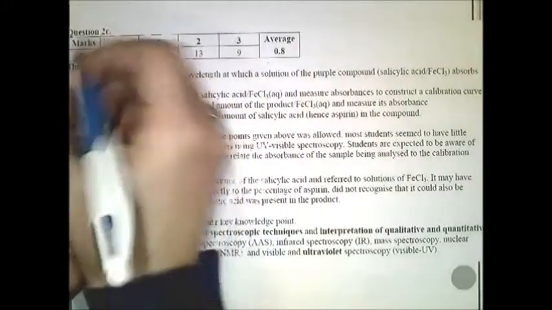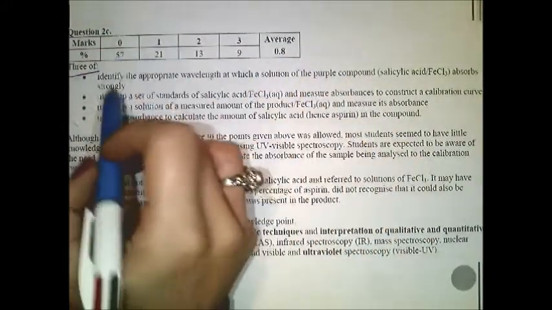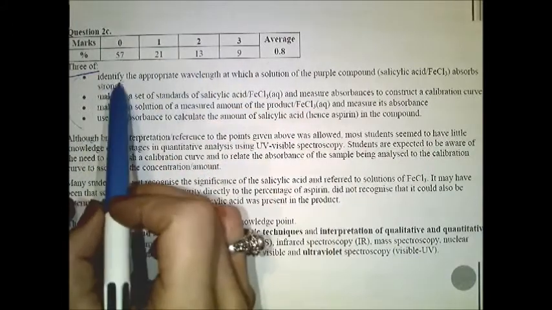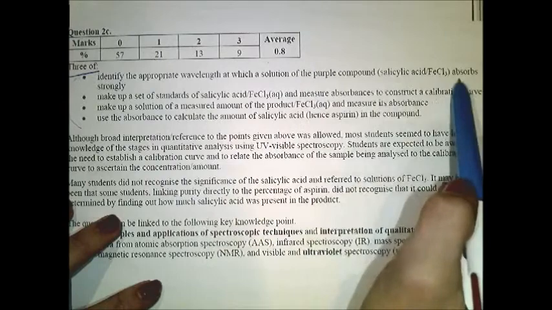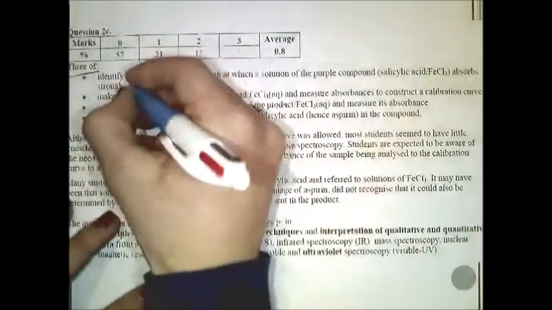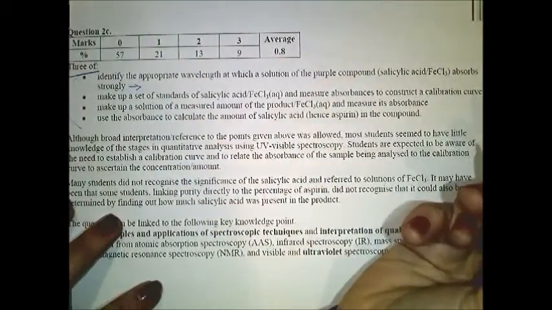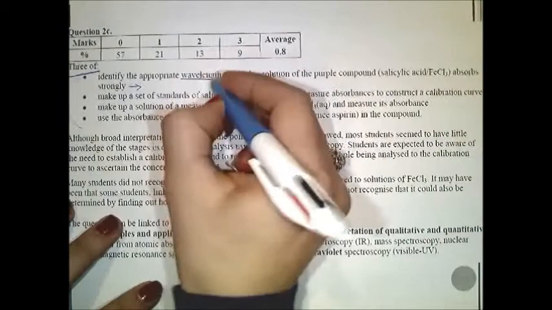So they accepted 3 of the following. That means you don't need to have all 4, but you need to have at least 3 to get the 3 marks. Identify the appropriate wavelength at which a solution of the purple compound absorbs strongly. Okay, why do we want to pick a wavelength which it absorbs strongly?